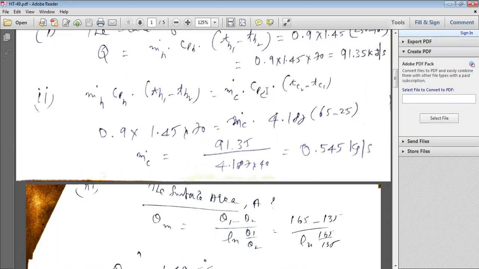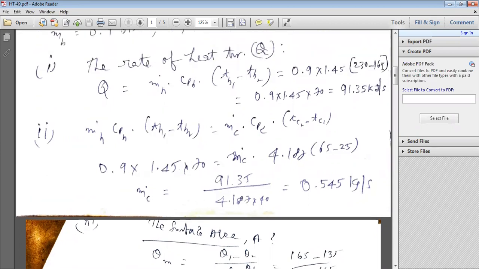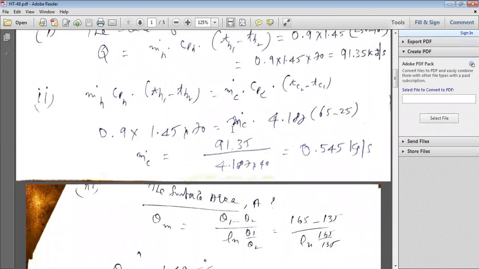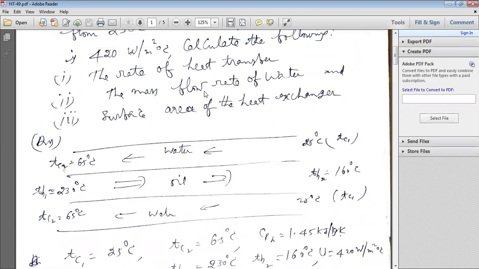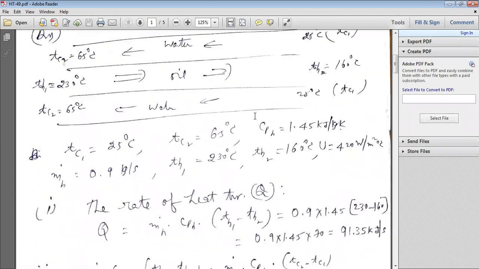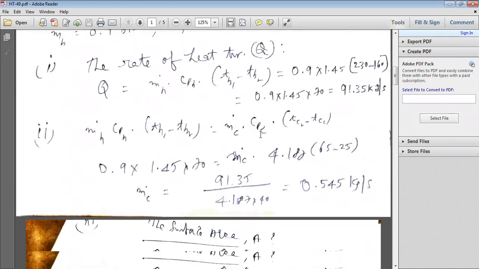All these parameters are given: 0.9 mass of the oil, 1.45 kilojoules specific heat of the oil, into TH1 minus TH2, 230 minus 160, that is 70, is equal to the mass flow rate of water, which is not given. That is to be found from this relation.